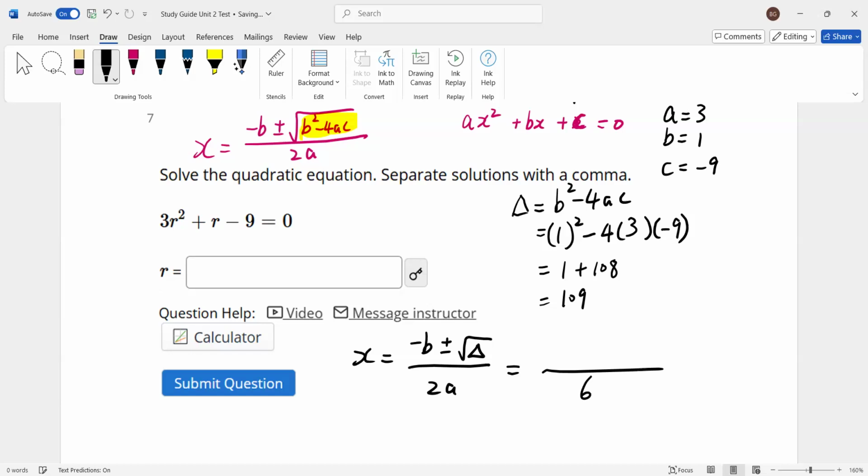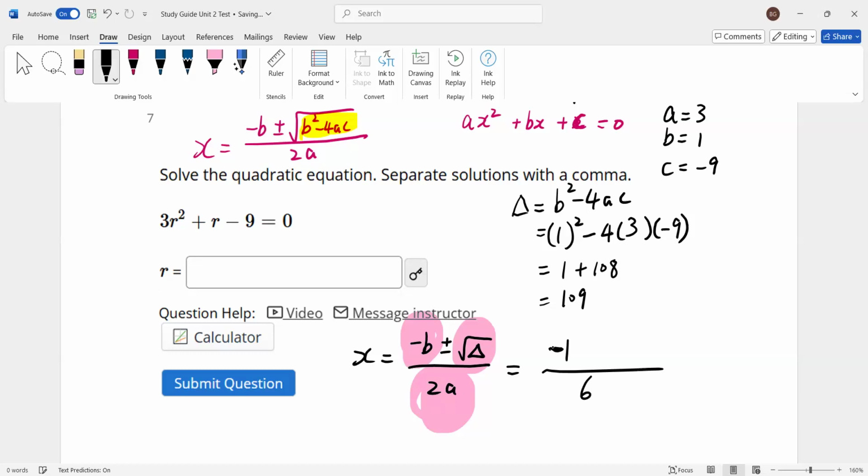Remember I said the structure of the quadratic formula is Mickey Mouse: left ear, right ear, and head. The denominator, the head, is 6. The left ear is the opposite of b. b is 1, so the opposite of b is -1. For some reason, this is where the common mistake occurs.